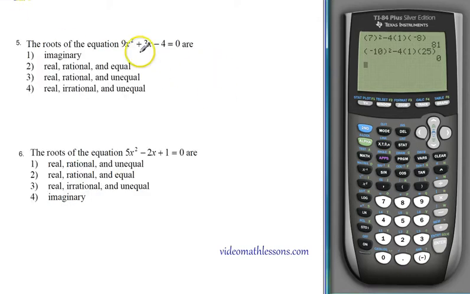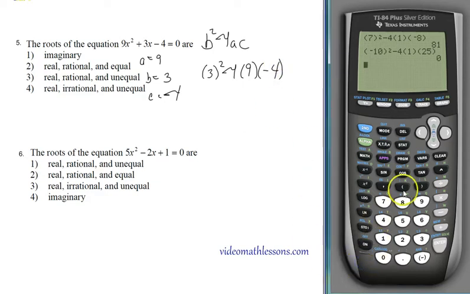Okay, we've got 2 more. A little more complicated because now we have lead coefficients. So a is 9, b is 3, c is -4. And just use our formula, b squared minus 4ac. Three squared minus 4, 9, and a -4.